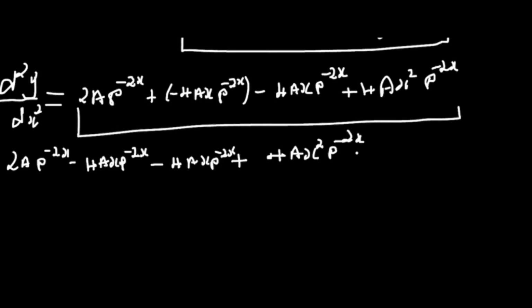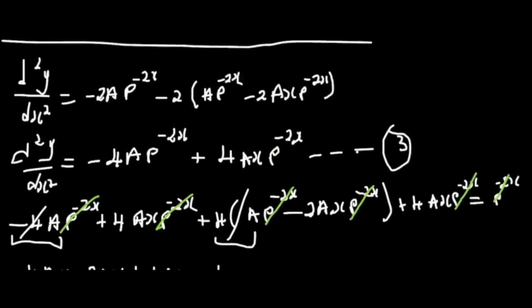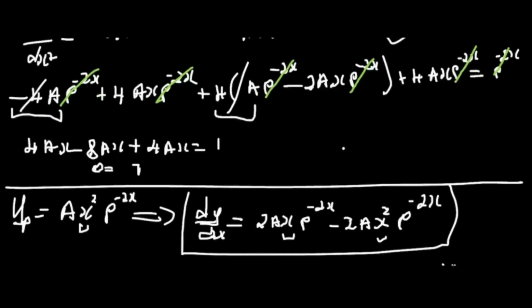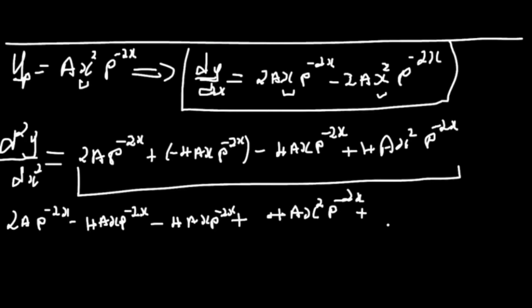So now plus, we have plus 4 dy dx. So plus 4 in bracket, our dy dx should be 2ax e to the minus 2x minus 2ax squared e to the minus 2x. Voila.